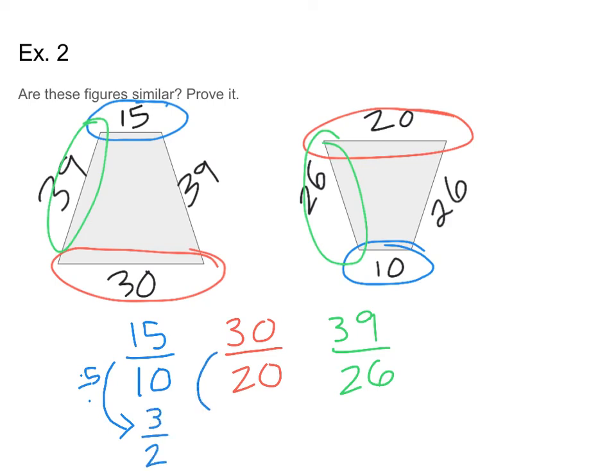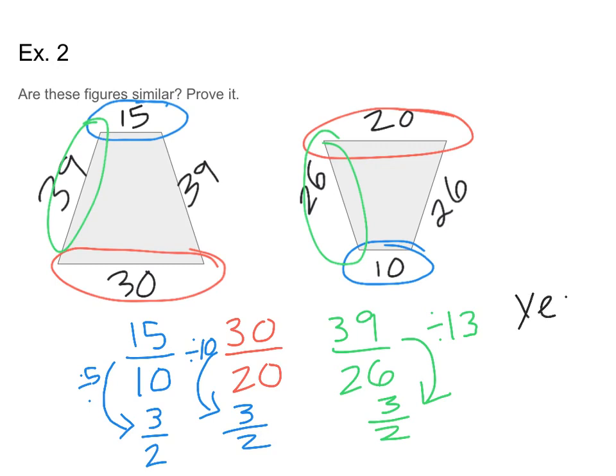The second one can too, dividing by 10, leaving you also with 3 halves. That's promising. The third one looks different, but I do notice that they are both divisible by 13, also leaving me with 3 halves. So that means that, yes, they are similar.